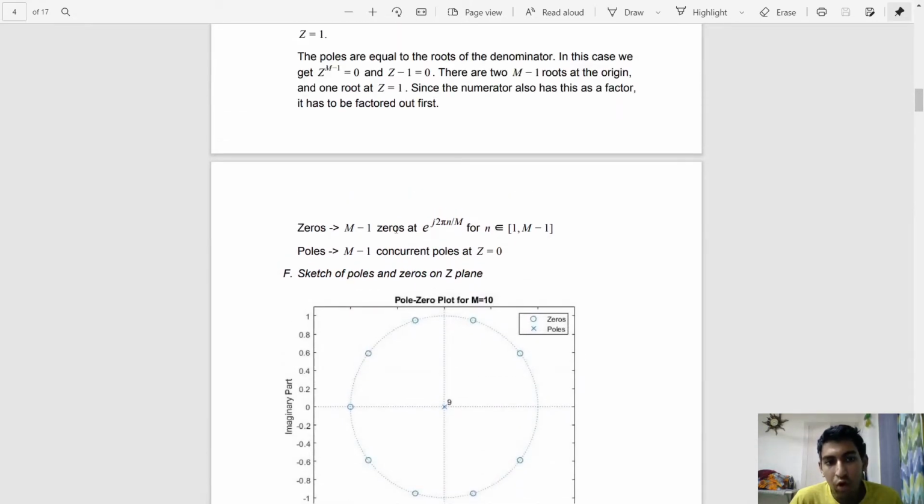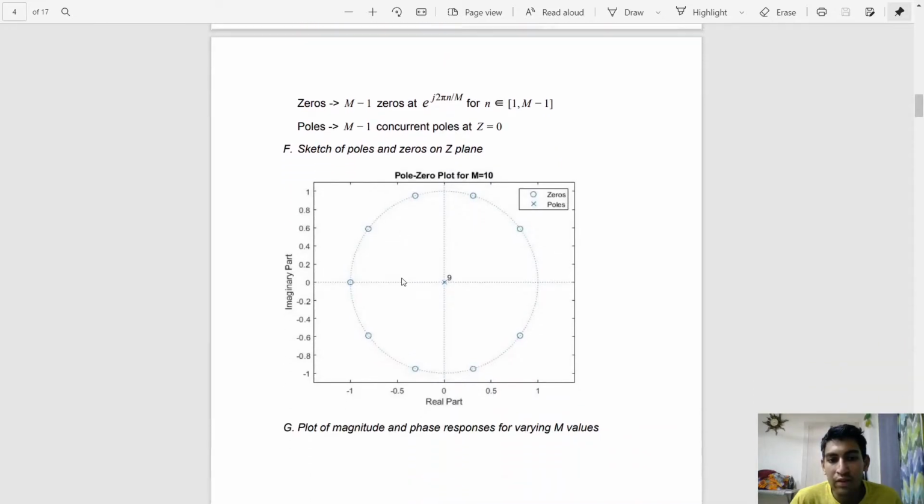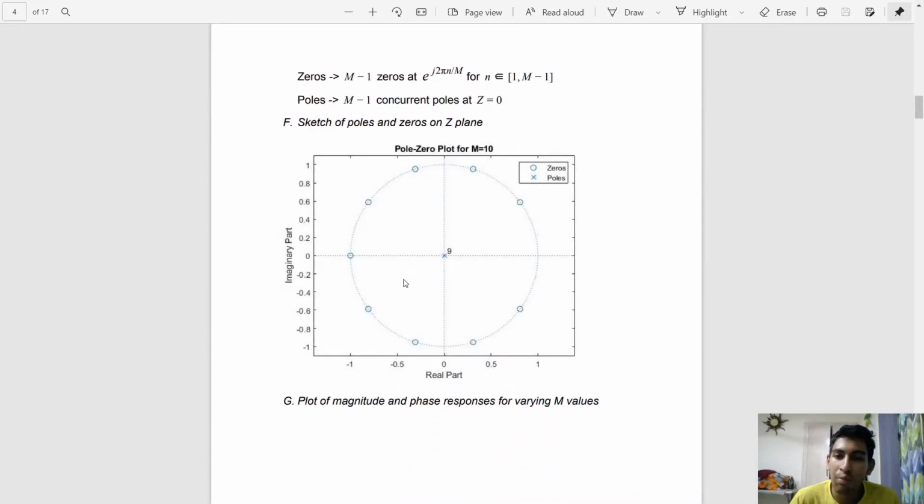Now that we've got the zeros and the poles, we can easily plot them using MATLAB. And you can see that for m equal to 10, we have 9 zeros on the unit circle, and we don't have a zero at z equal to 1, and we have 9 concurrent poles at the origin.